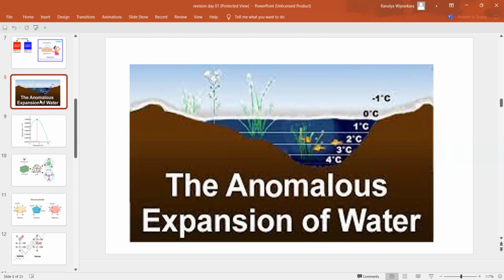Right? Normally, when we take a substance, right? What happens when we increase the temperature of a substance? It gets expanded, so the volume increases. As a result, what happened to the density? You know, density equals mass over volume.